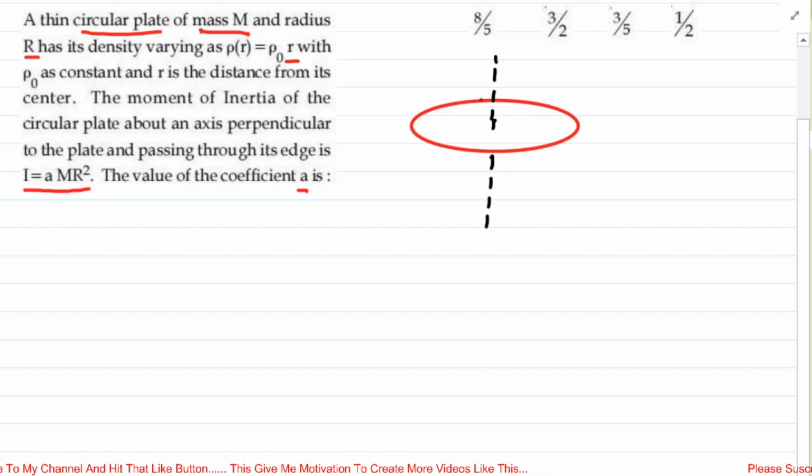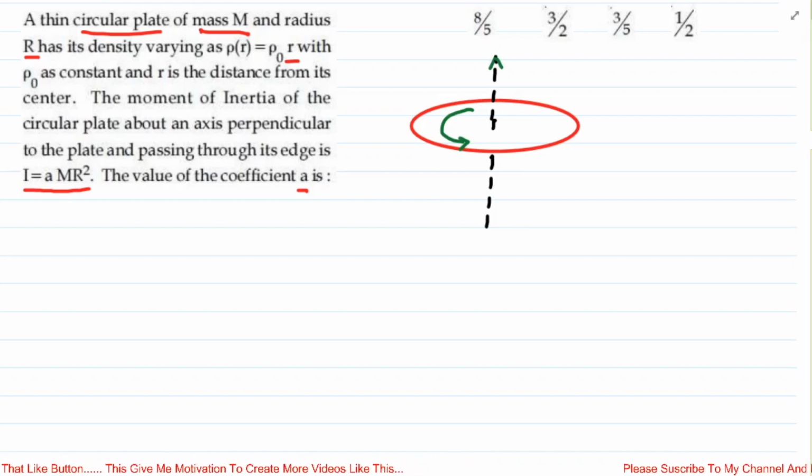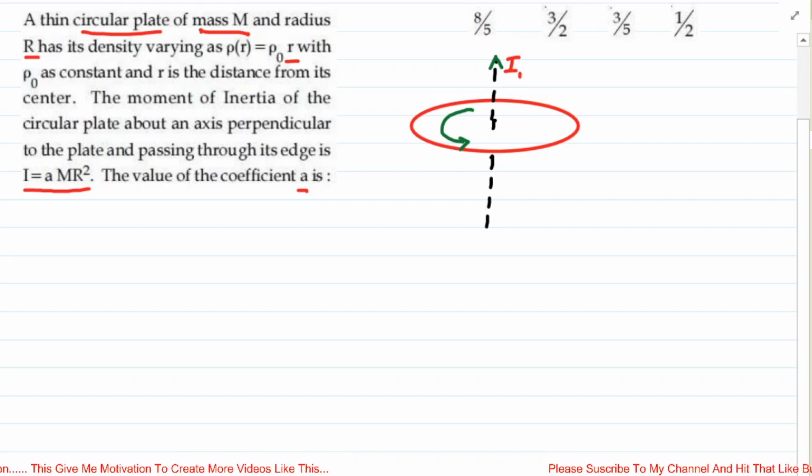The disk is rotating with respect to the center. If I call this axis the y-axis, I can mention it as the moment of inertia about the y-axis, right?